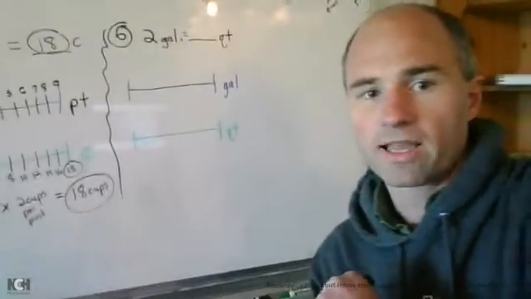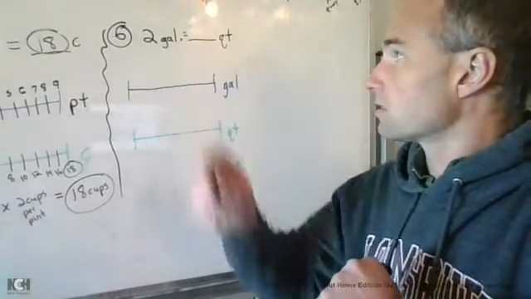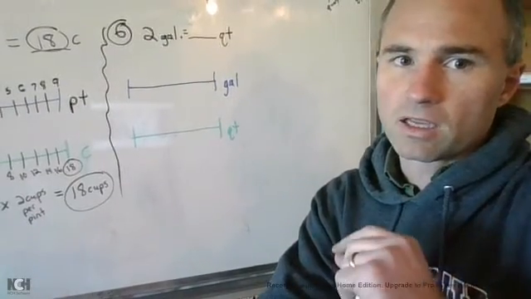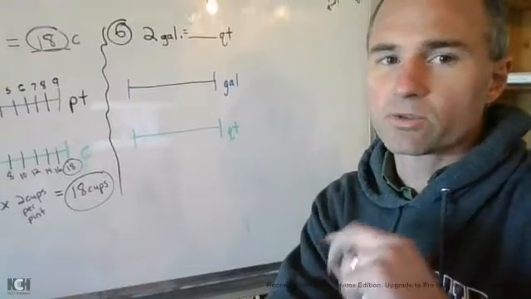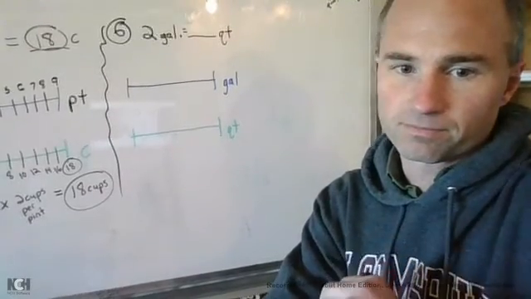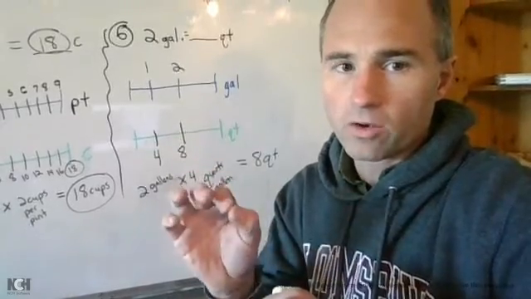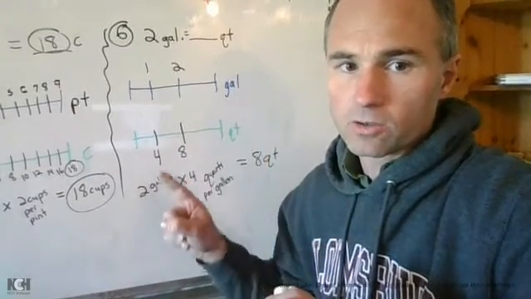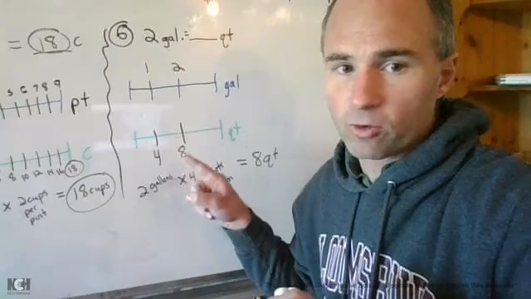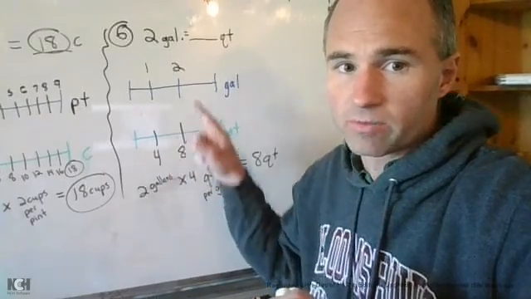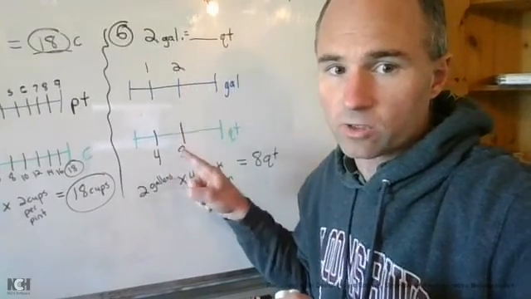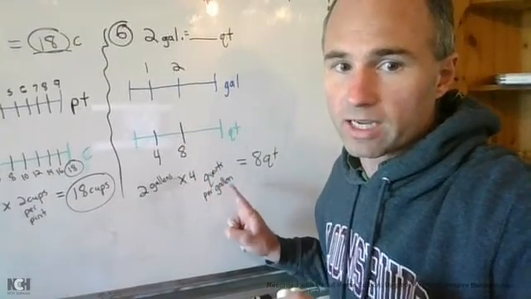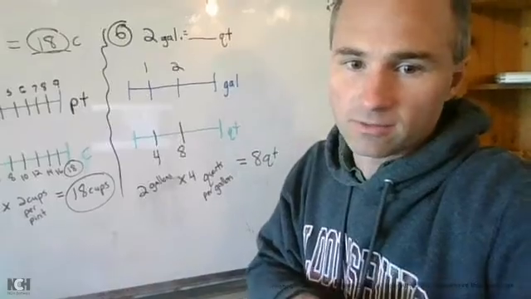All right, go ahead and do our last problem. 2 gallons equals blank quarts. All right, so we know that 1 gallon equals 4 quarts. So if I count by 4s, I'll get to 8 quarts make 2 gallons. 8 quarts being the answer. 2 gallons times 4 quarts per gallon equals 8 quarts.